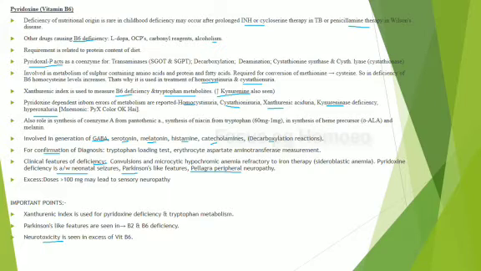Confirmation of diagnosis of deficiency is done by tryptophan loading test and erythrocyte aspartate aminotransferase measurement. Deficiency leads to convulsion, microcytic hypochromic anemia refractory to iron therapy. Pyridoxine deficiency is associated with neonatal seizures, Parkinson-like features, pellagra, peripheral neuropathy.